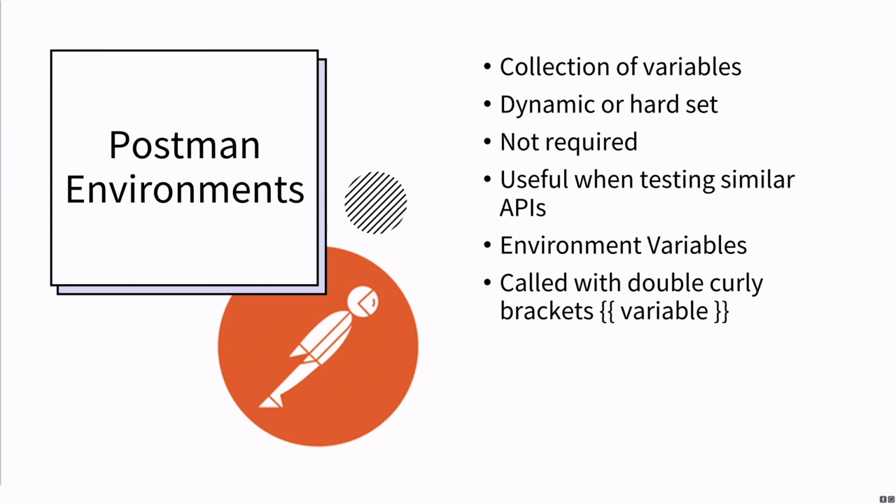Environment variables can be set or they can be dynamic with JavaScript code, which we will look at later. And then you call the variable in your API in the header or actually in the URI itself with double curly brackets and the name of the variable.